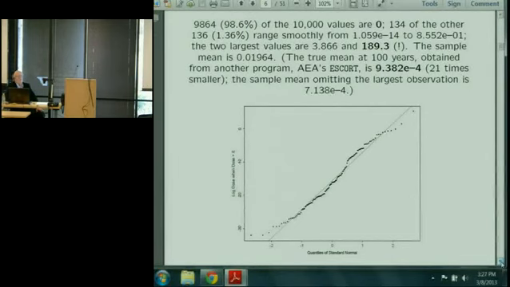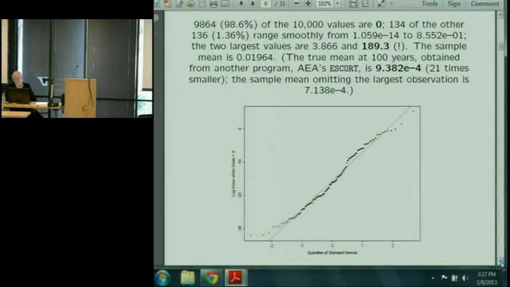No one got hurt at all. 134 of the other 136 ranged smoothly from 10 to the minus 14th up to 10 to the minus 1. And then the 2 largest values were about 4 and about 189. And 4 is already enough to harm you seriously, and 189 kills you. So every now and then, with low probability, you get a bad dose of radioactivity from this particular scenario.